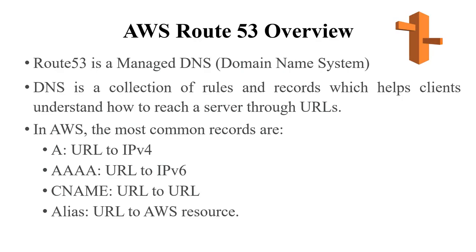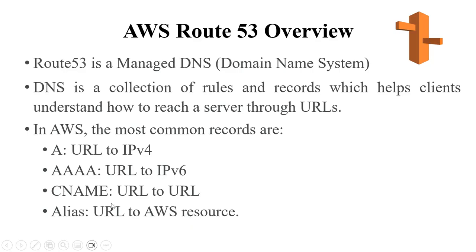Another type of record: suppose I have example.com, and I need to map it to a backend AWS resource. Like yesterday, the load balancer is one kind of AWS resource.